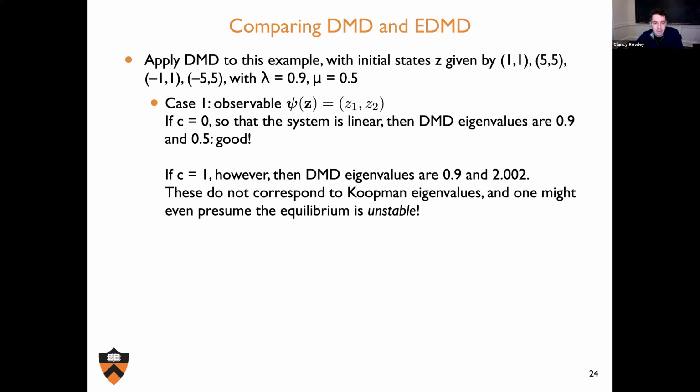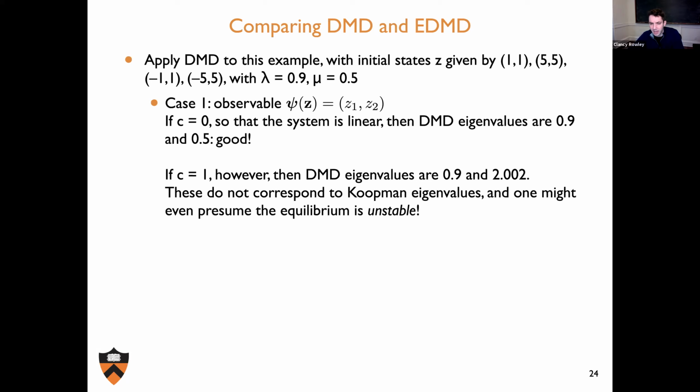If C is 0, this nonlinearity parameter, then the DMD eigenvalues are spot on, 0.9 and 0.5, which is exactly what we expect, that those are the correct eigenvalues. But if C is 1, so there's some nonlinearity, then the DMD eigenvalues are 0.9, that one's good, but the second one is 2, and that's nowhere close.